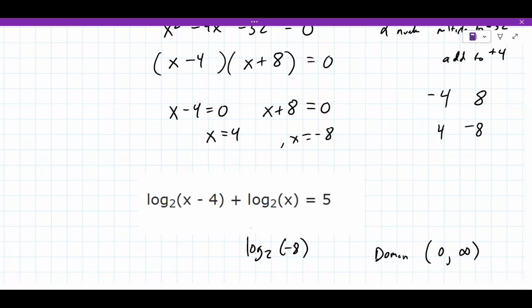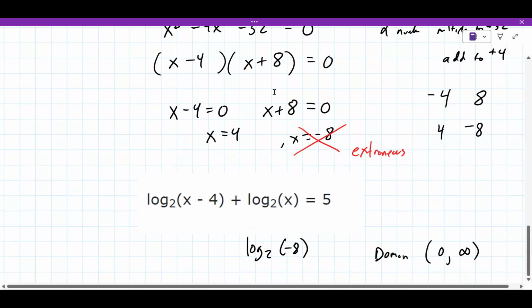Okay, and so the value of negative 8 is outside of that window. Got it. So that one is excluded or extraneous, and you generally show that by writing the word extraneous. So the answer is just x equals 4.